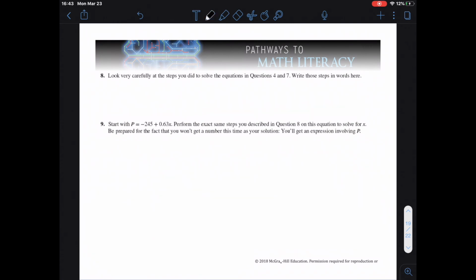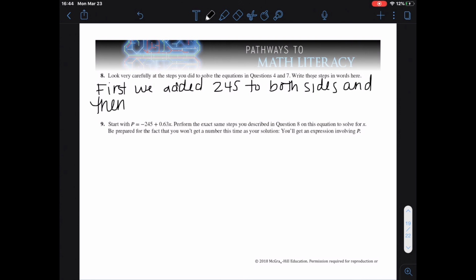So in both of these, first we added 245 to both sides, and then divided both sides by 0.63.